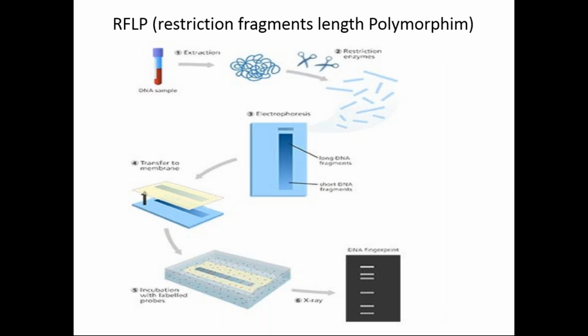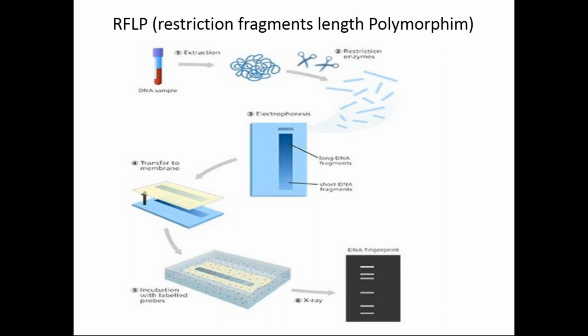If 10 fragments are generated in the first sample, then 10 fragments are also generated in the second sample. The 10 fragments in the first sample have specific lengths, and exactly the same lengths of fragments are generated in the second sample also. This type of fragment pattern will be generated only when the DNA originated from the same individual.